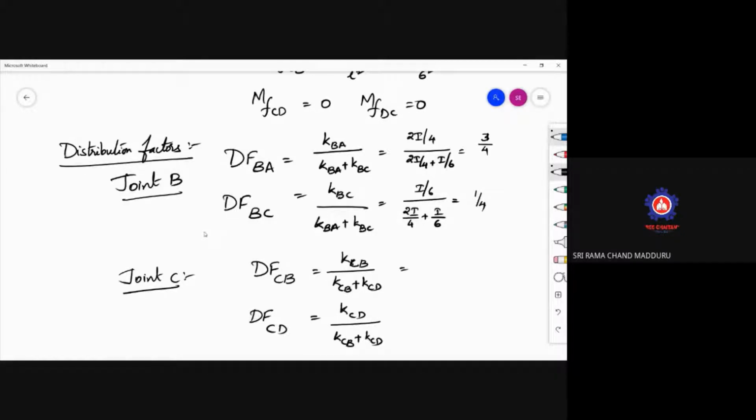Now in this one, what is KCB? It is equal to KBC only, which is I by 6 by I by 6 plus 2I by 4. And 2I by 4 by I by 6 plus 2I by 4, which is this one will be 1 by 4, this one will be 3 by 4.